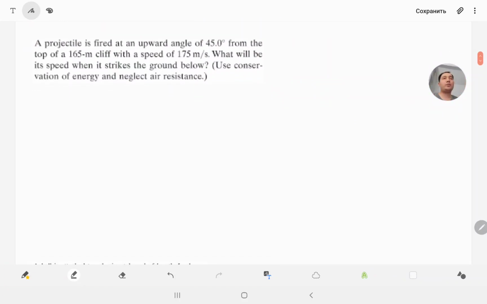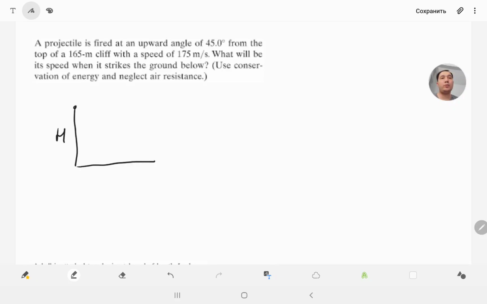We'll continue with the second problem. Here we have a projectile fired at an upward angle of 45 degrees from the top of a cliff. The height is given, and the initial velocity is given. What will be its speed when it strikes the ground? So basically this is an example of motion in two dimensions, but we will solve it using the energy method.